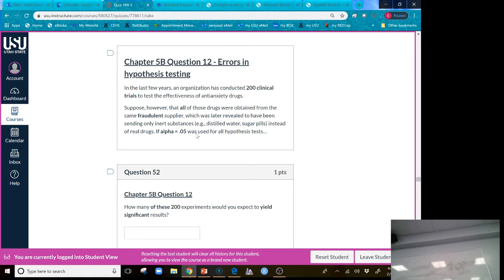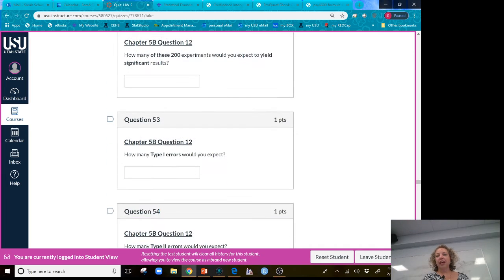How many of these should give significant results? None should. They're all fake drugs. But we would expect about a 5% false positive. So we would expect about 5% of 200, 1 out of 20, which is 10. So we would expect about 10 of those experiments probably would have said something was going on.